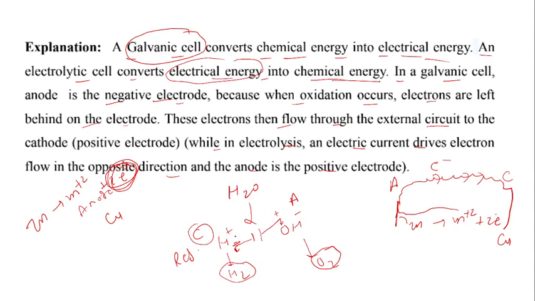Cathode is always where reduction is happening, and it is connected to the negative terminal, whereas the anode is where oxidation is happening, because it is leaving electrons. That's why it is the anode, and the anode is positive in this case.